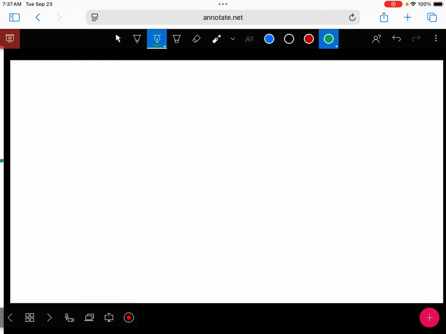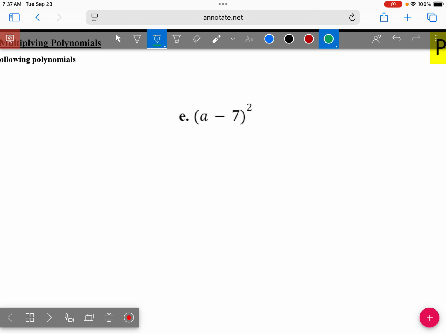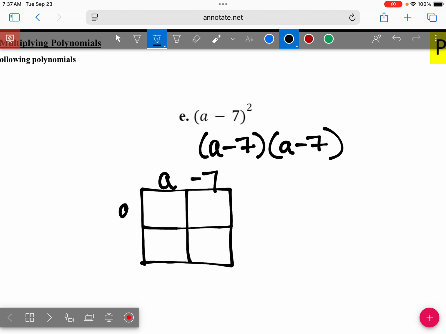And our last question is E. Go ahead and turn to E. Or let's look at E. So this is a really common mistake. A lot of times this is what people will do, but that is not how you square a binomial. This means a minus 7 times a minus 7. So I want you to go ahead and make a box. Fill in all 4 squares, combine your like terms.